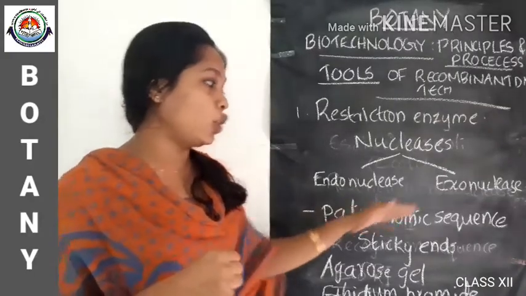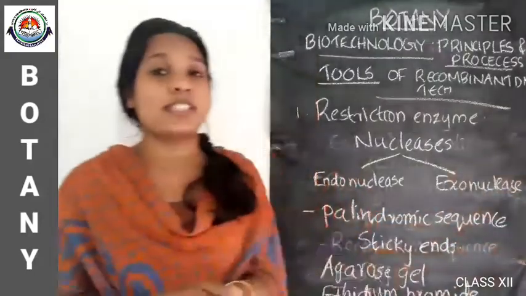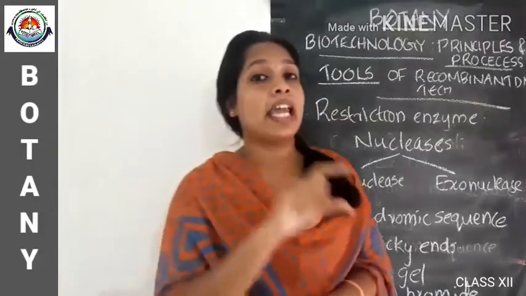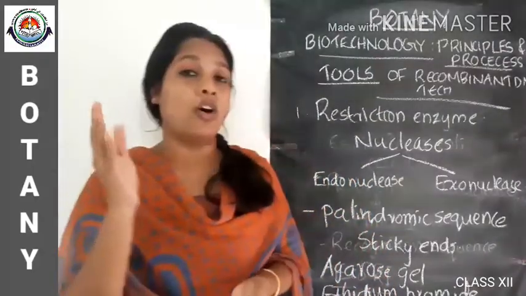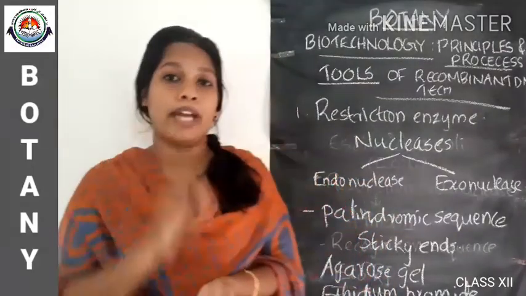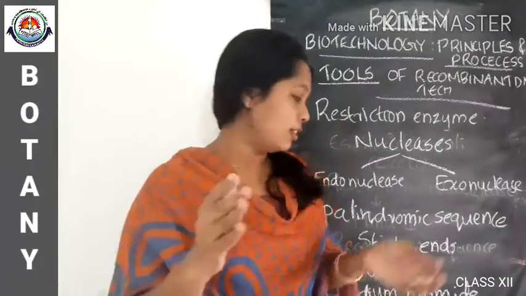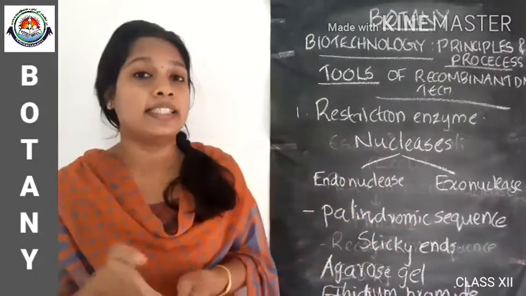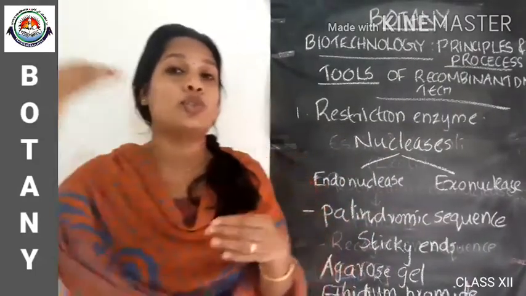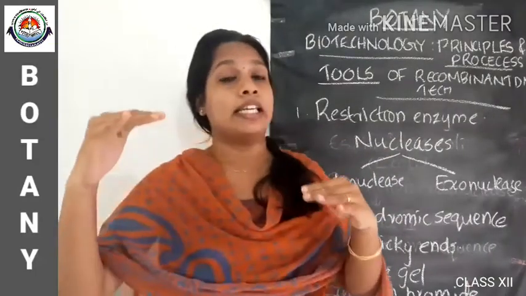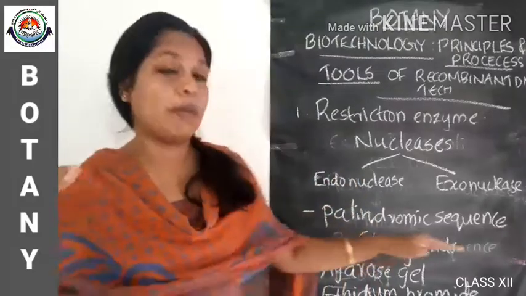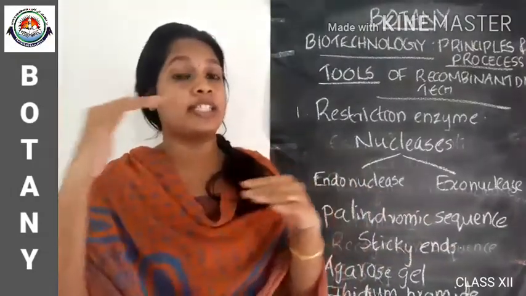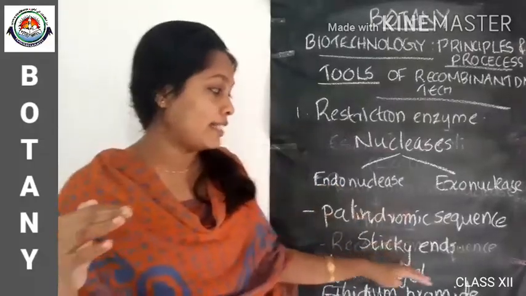The palindromic sequences are sequences which read the same way in the 5' to 3' direction. When the restriction endonuclease cuts the DNA, it leaves the two cut ends in a projected manner, which is called sticky ends.